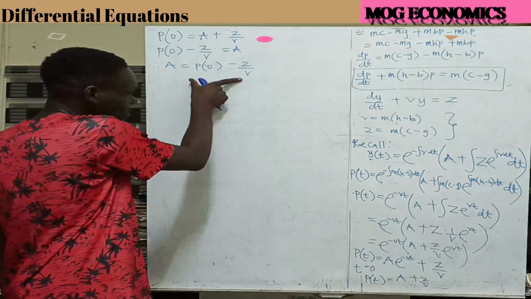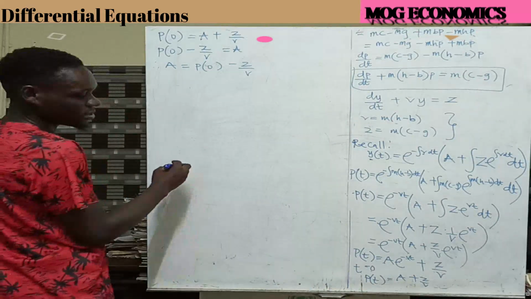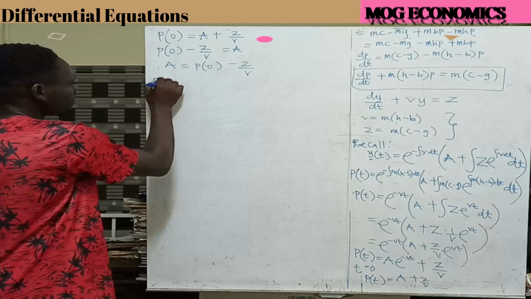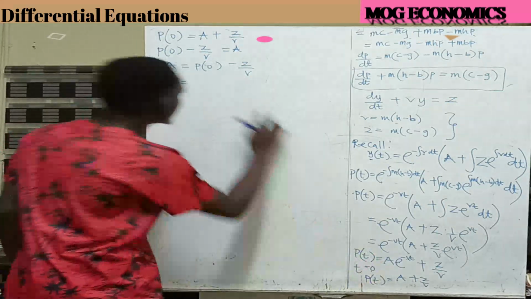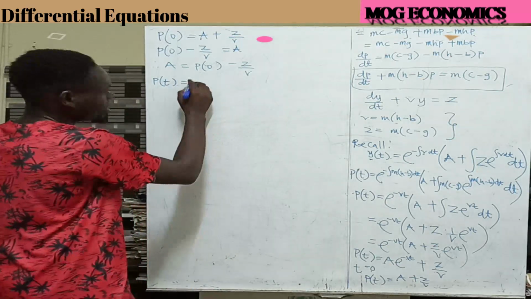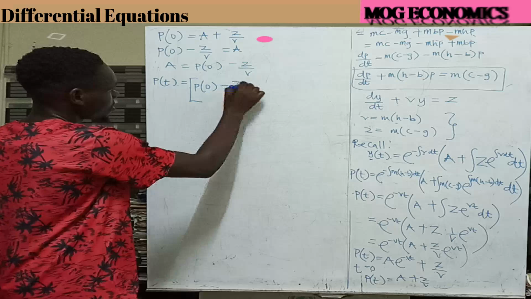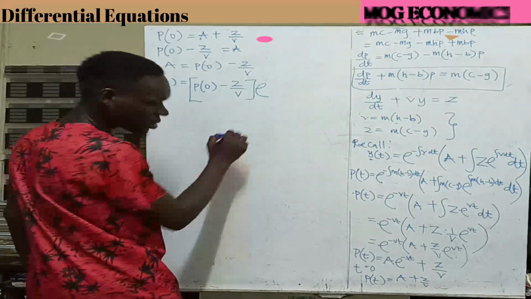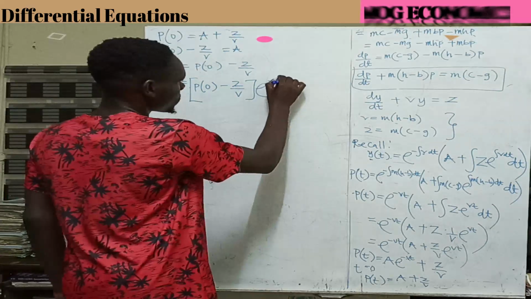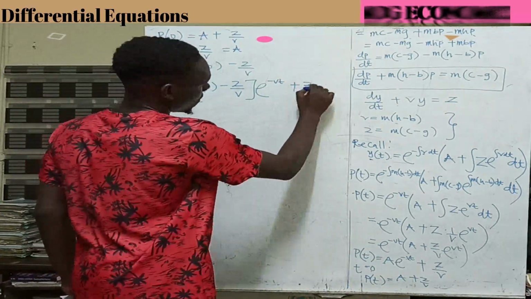So we are substituting this into this and not this. So here we have a, which will have to be this, is now this. Minus vt plus.